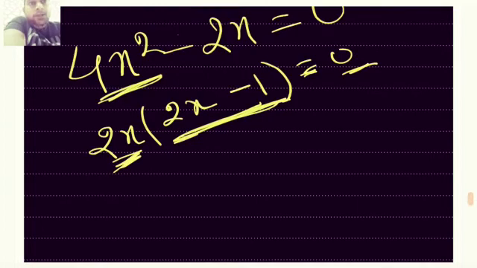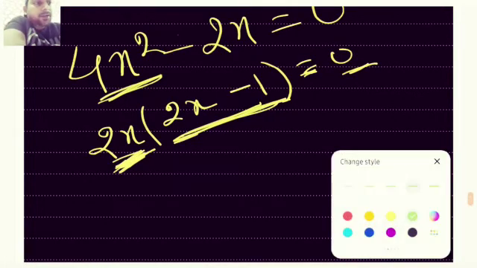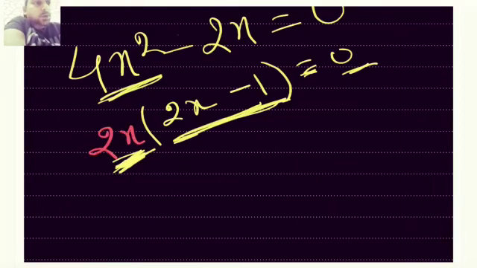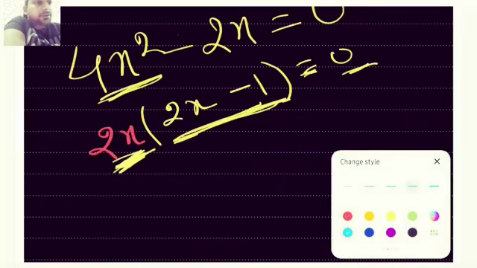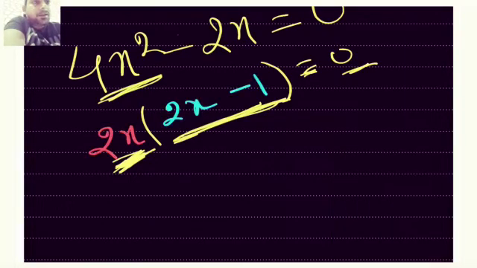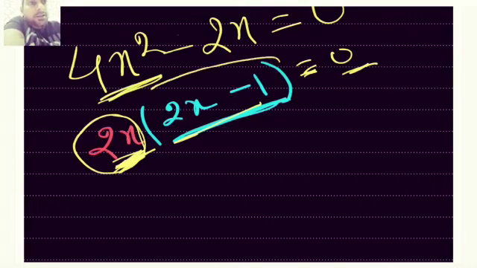Is it clear? So either the first term, the red term, 2x, is 0, or the term 2x minus 1 will be 0, or both will be 0.